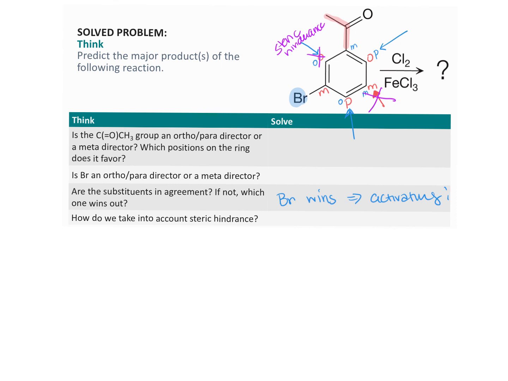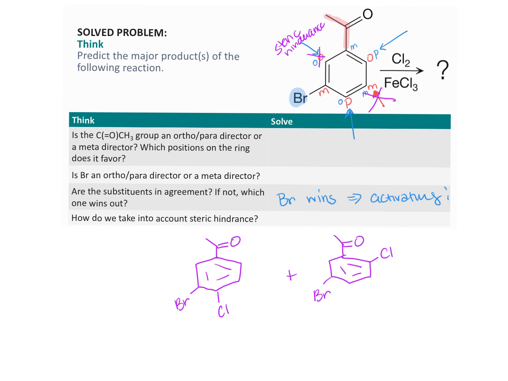When we draw our products, these are the two products that we would get. I'm just going back and forth and counting my carbons. Those would be the two products that we would see.